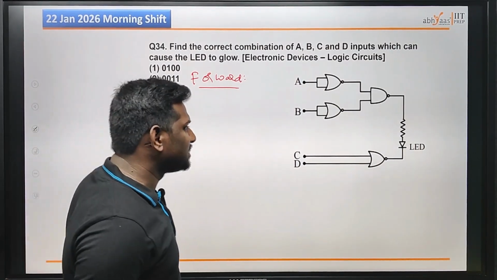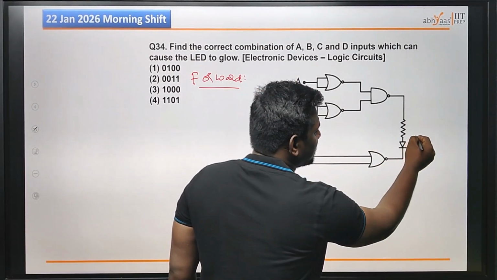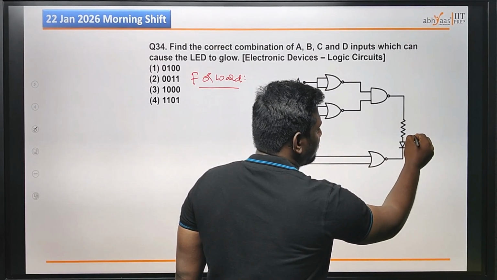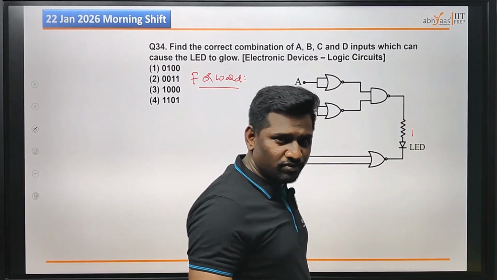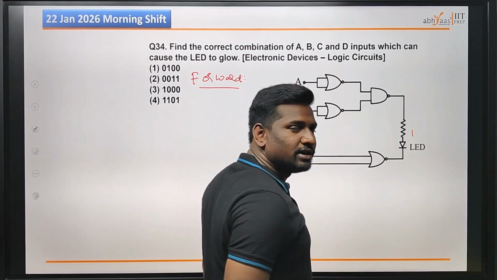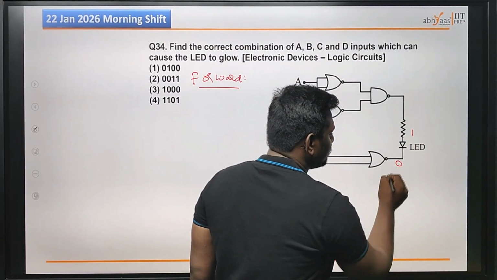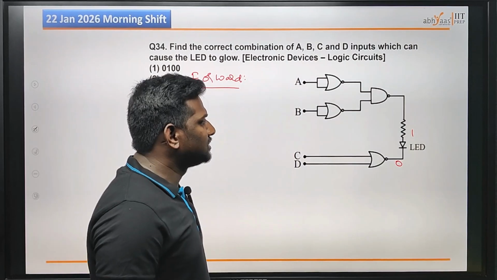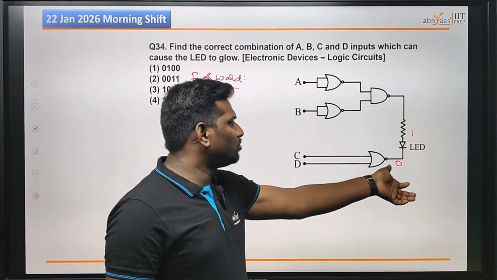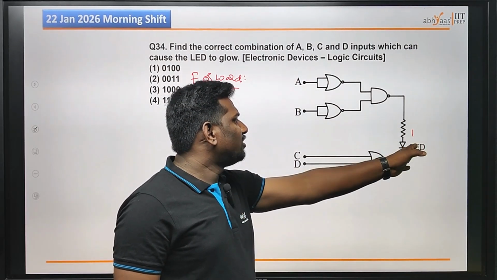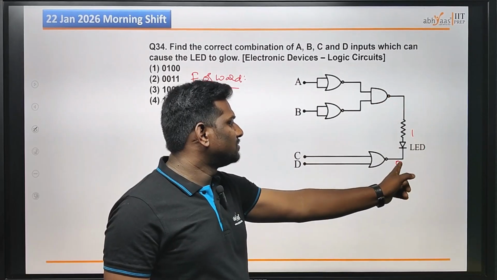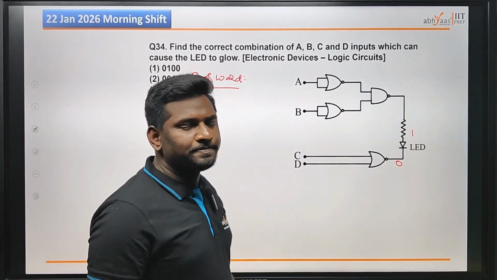What is the forward condition? At the positive side, you must have high potential, that is 1. At the negative side, you must have low potential, that is 0. This is our task, to get a 0 here and 1 here.